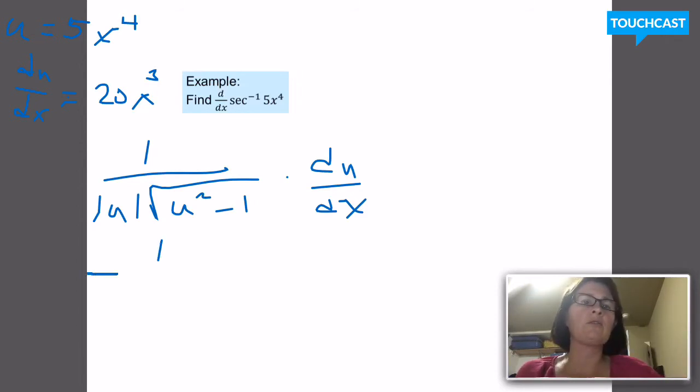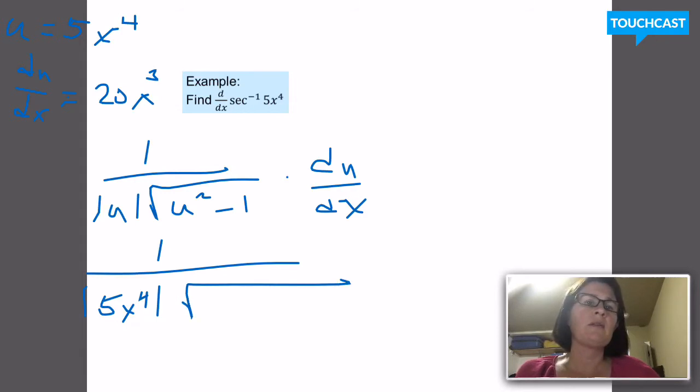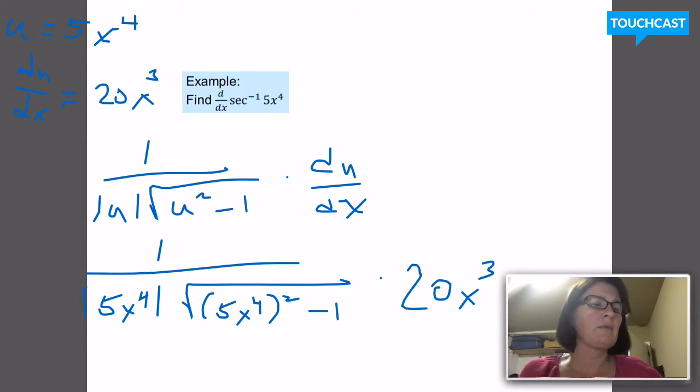So this is 1 over the absolute value of 5x to the 4th times the square root of 5x to the 4th all squared minus 1 times du dx, we said was 20x cubed, which you could feel free to leave just like that, or you could simplify here.